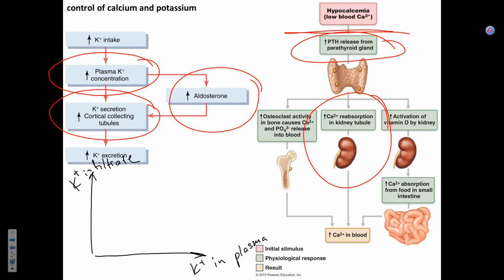Does that make sense? So the blue line reflects a direct secretion of potassium. Does that make sense? You eat more potassium, it is directly filtered and excreted by kidneys. No aldosterone involved.